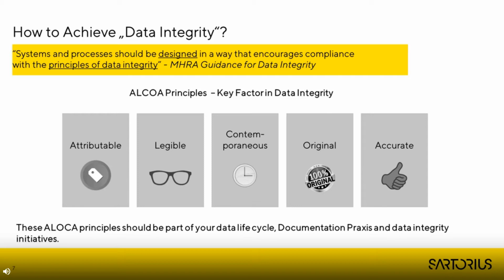But also that if, for example, errors are found in the record, the error and the correction of the error is documented cleanly with the reason, the timestamp of the correction, and the signature of the person who corrected the record.